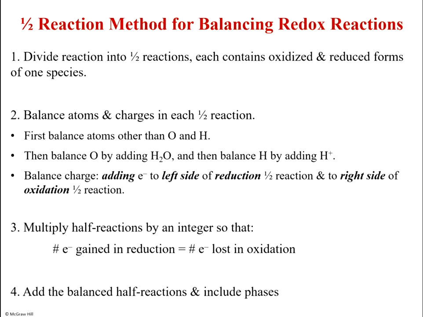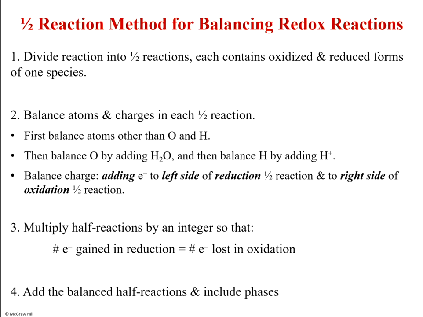When we have a redox reaction, we can't balance it simply by inspection in all cases. In some cases, we'll find that charge won't balance out when we do that. So we have something called the half reaction method for balancing redox reactions. This allows us to account for atom balance as well as charge balance, and it also allows us to vary from acidic to basic media.